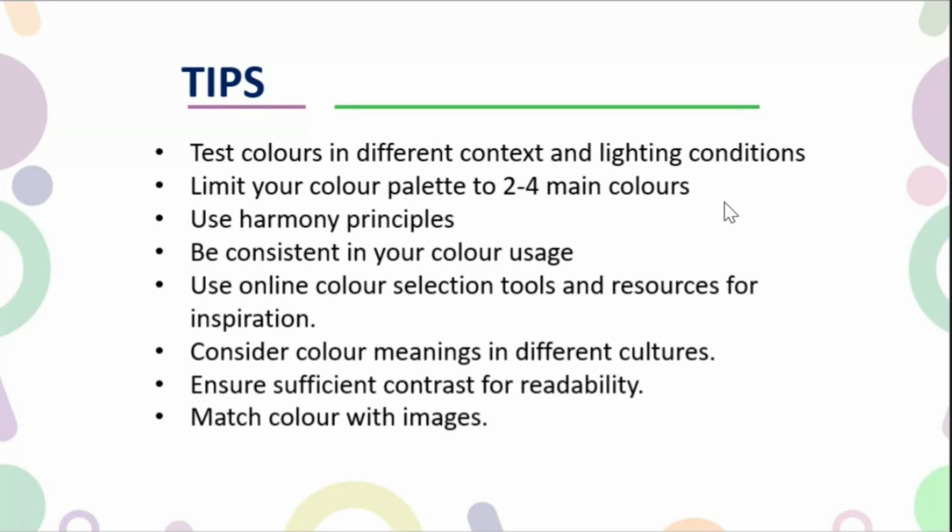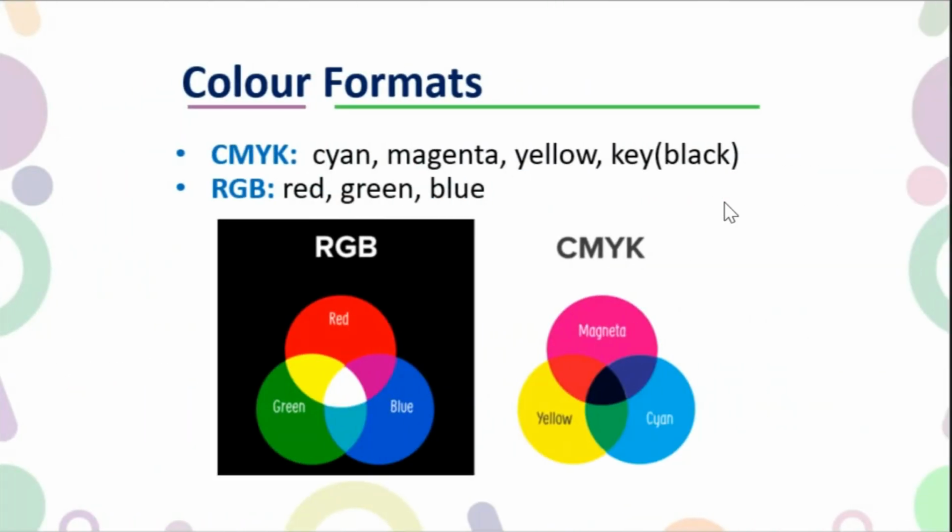So we are looking at color formats. In designing, we have different color formats, but what graphic designers use most are the two. We have CMYK, what we call cyan, magenta, yellow, and key, or black.